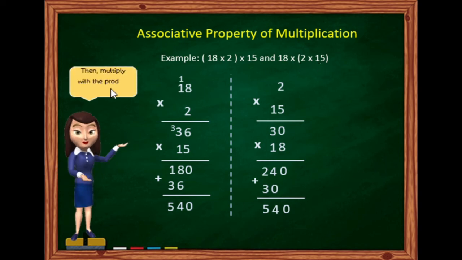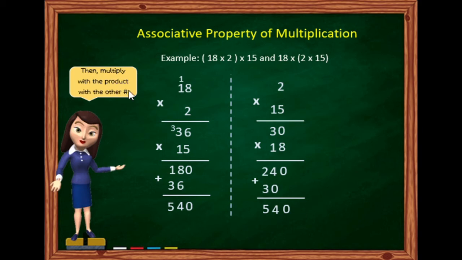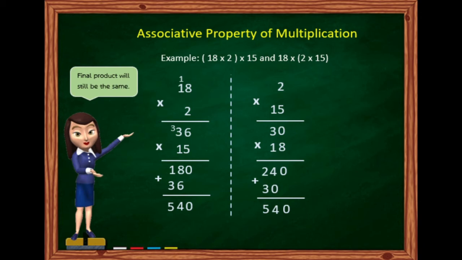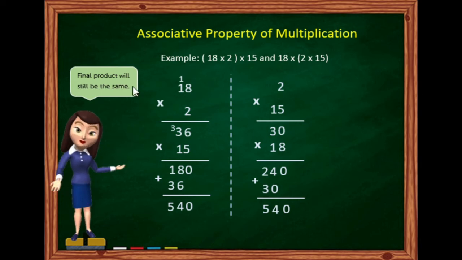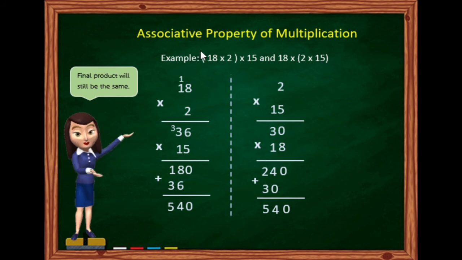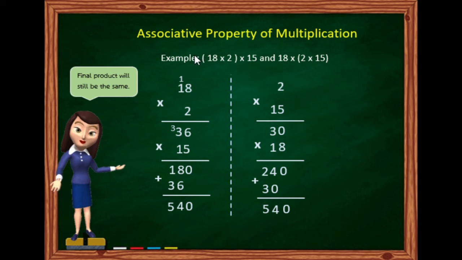Then multiply the product with the other number. So 36 and 15, or 30 and 18. The final product will still be the same. It will not affect the answer even if we multiply the first 2 numbers or the last 2 numbers. Again, this is the associative property of multiplication.